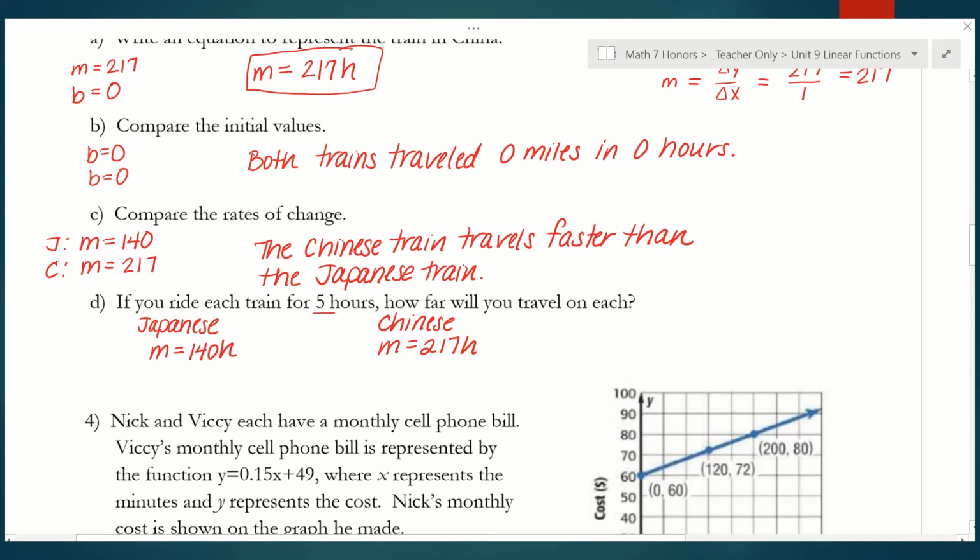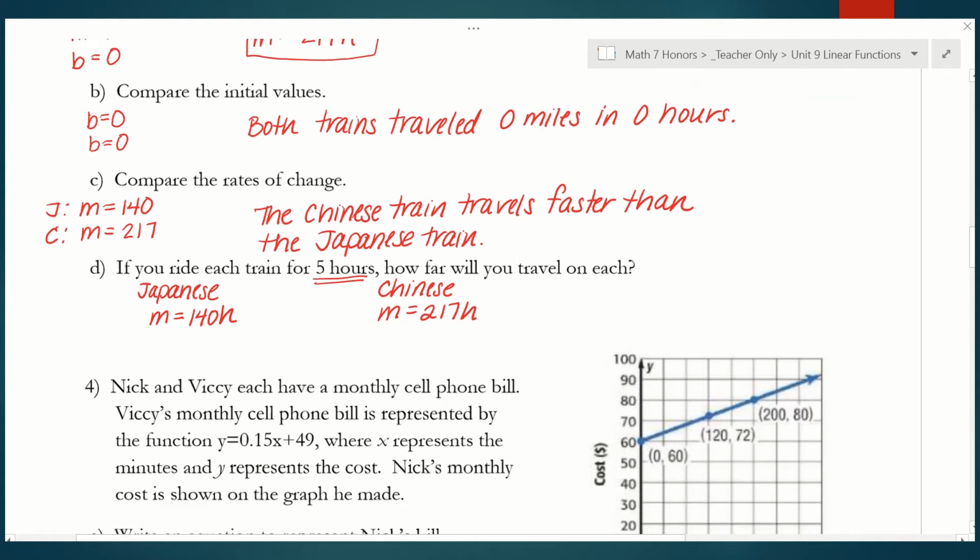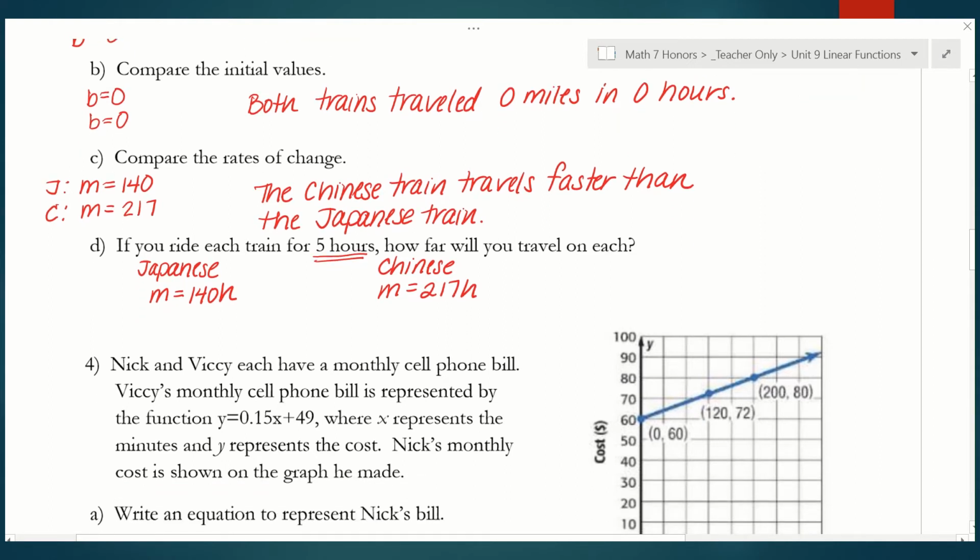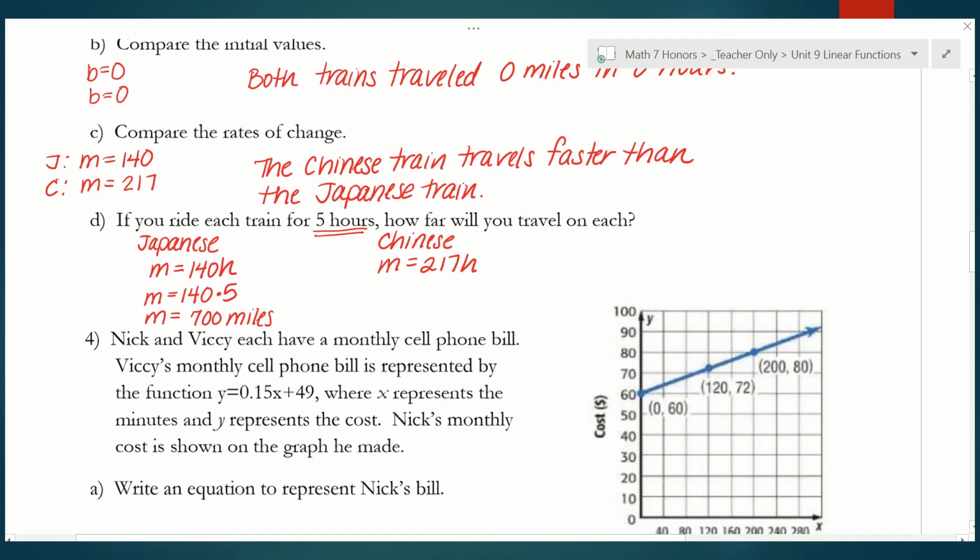So if we're traveling for 5 hours, that means that I'm substituting 5 in place of h. So for the Japanese train, 140 times 5 gives me 700 miles. So if I'm on the Japanese train, I would go 700 miles in 5 hours.